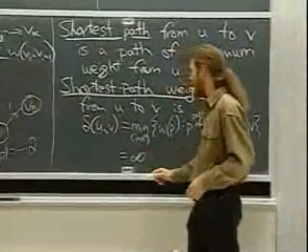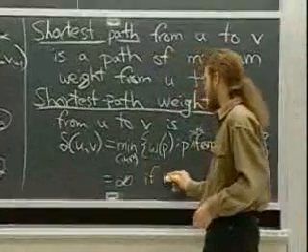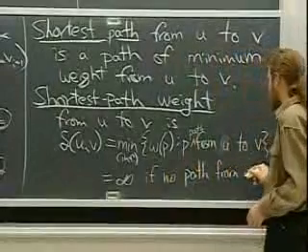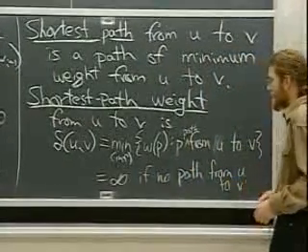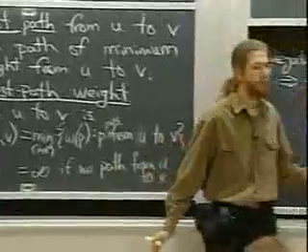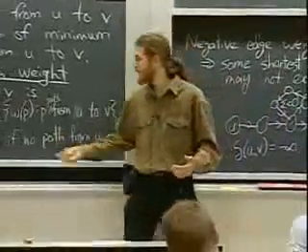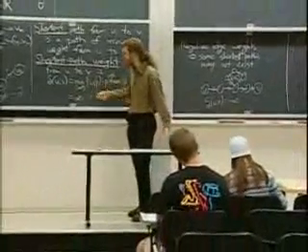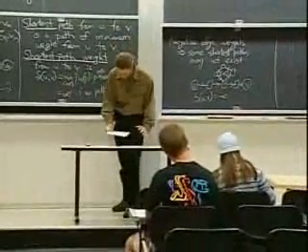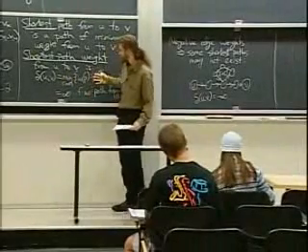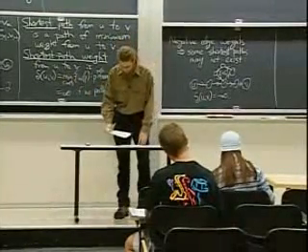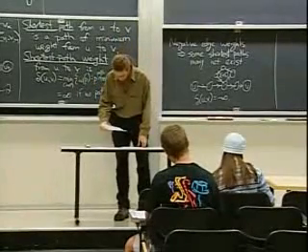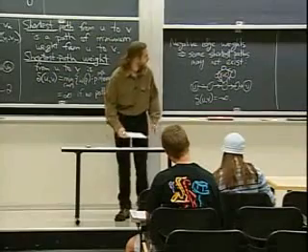Here we'll say it's infinity if there's no path from U to V. So there are these exceptional cases, plus infinity and minus infinity, which are pretty intuitive because it takes a really long time to get from U to V if there's no path there. You can't get there from here. Okay, but that's the definition. Most of the time, this is the case we care about, of course. Usually, this is a finite set. Okay. Good, so that's the definition.